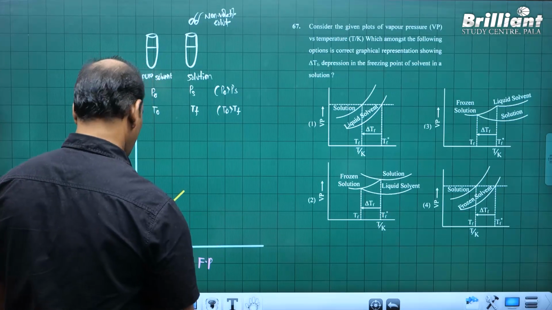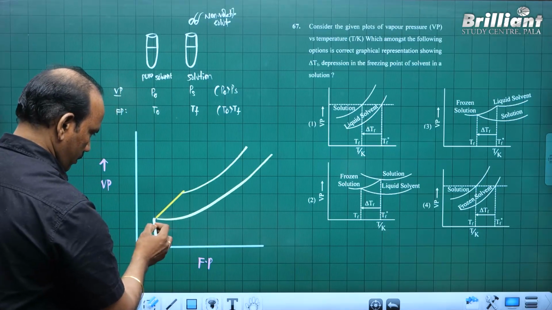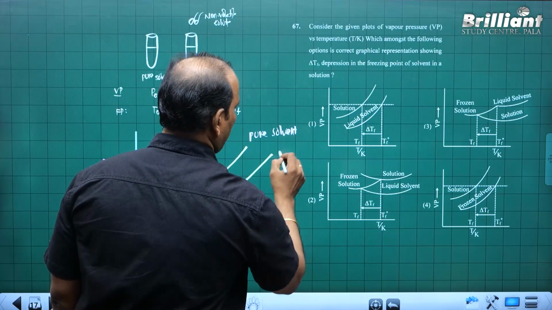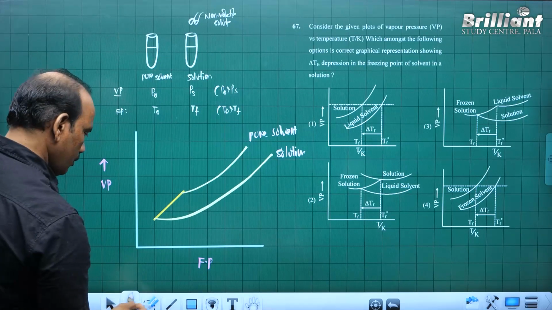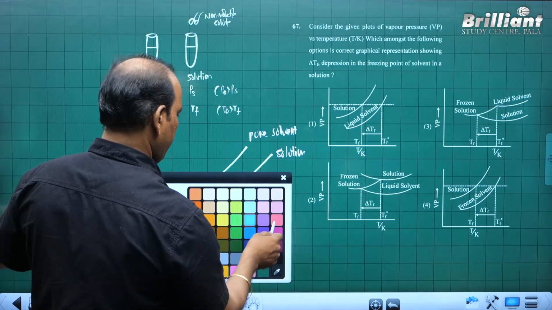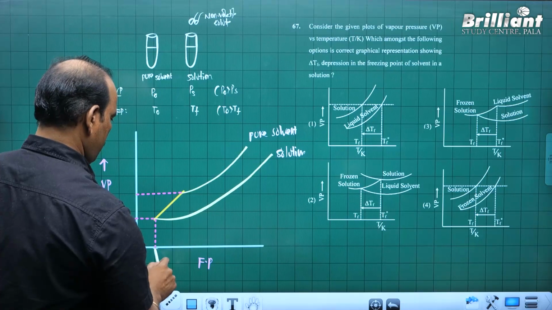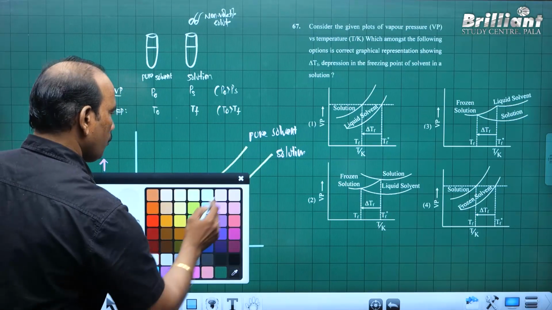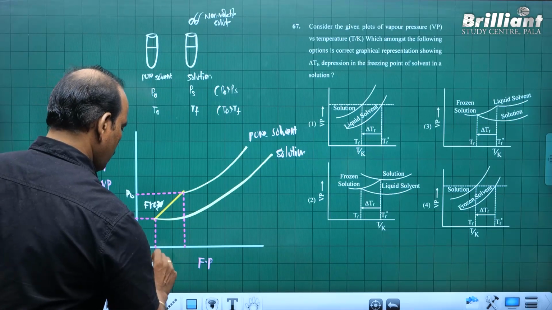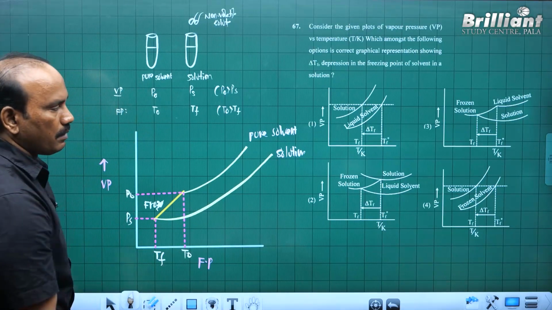Now, this one is the pure solvent, this is the solution. This is the frozen area, this is P0, this is PS, this is T, here T0, this is TF. Clear? Okay?